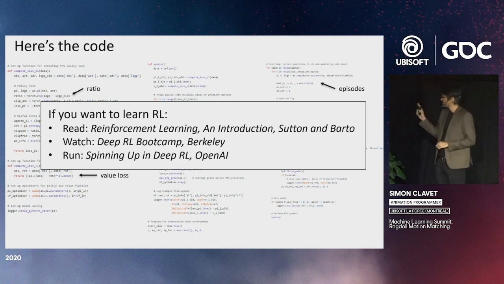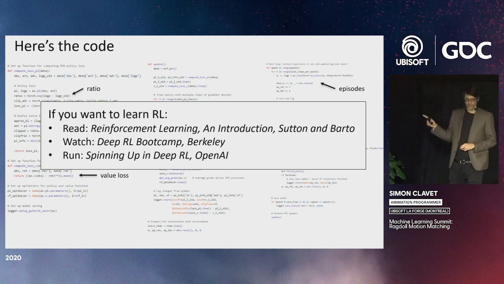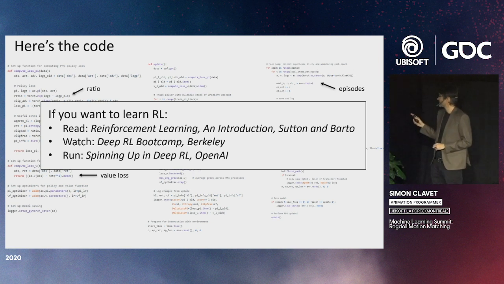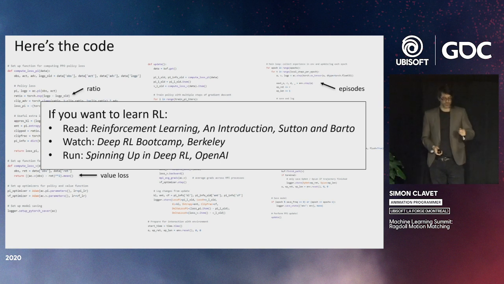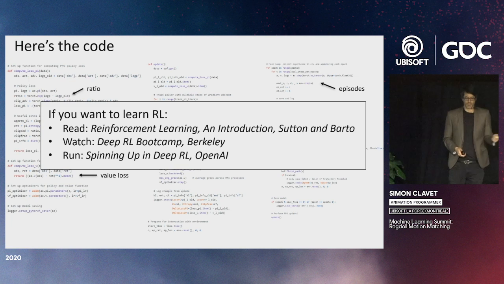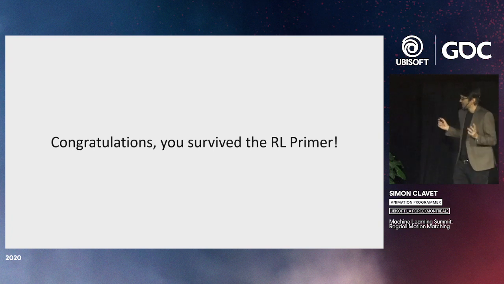Then watch this bootcamp, a bunch of little videos on YouTube. And if you want to run some code, start with Spinning Up in Deep RL by the OpenAI guys. That's a good place to start if you want to try different algorithms and see which one works on your little environment. So yeah, that's the RL primer.